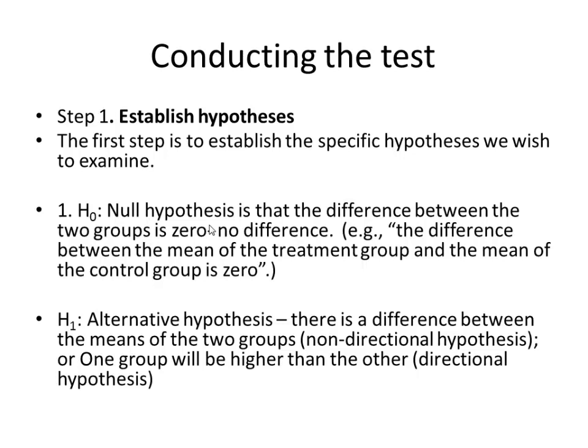The alternative hypothesis would be that there is a difference between the means of the two groups, and you can have a non-directional hypothesis or a directional hypothesis. A non-directional hypothesis would be the one I just said, that there is a difference between the means of the two groups, but we're not saying which group is going to be higher than the other.